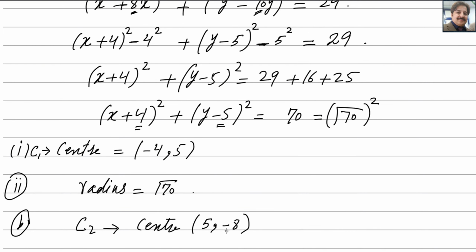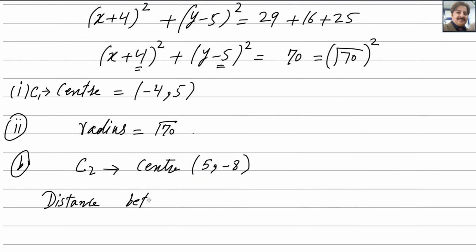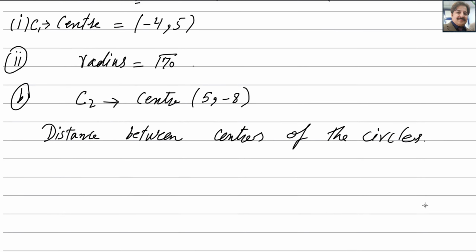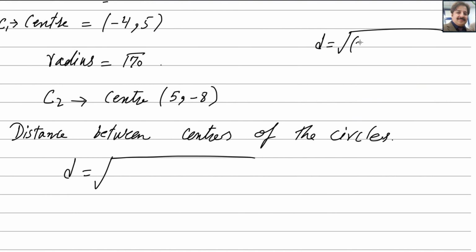Or you can find the distance between centers by using distance formula. Distance between centers of the circles. By using distance formula, we could find that square root of this one. Let me write the formula. If 2 points are given there, that is equals to x2 minus x1 whole square plus y2 minus y1 whole square. This is the distance formula to find the distance between 2 points.